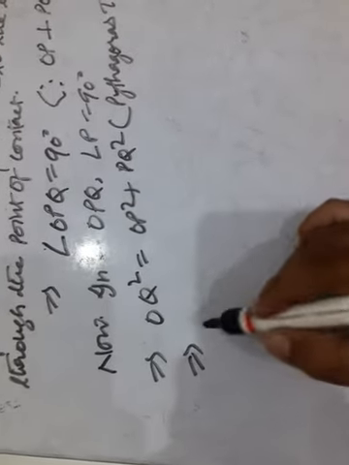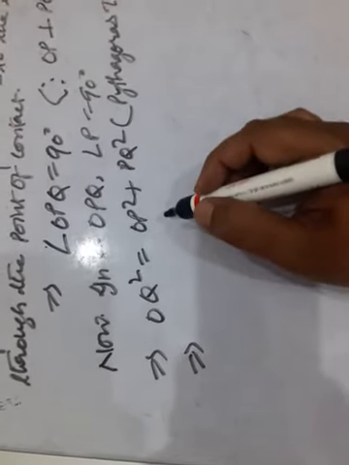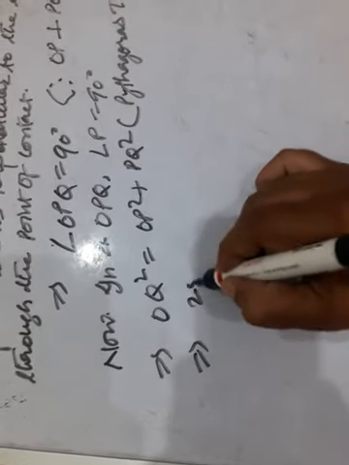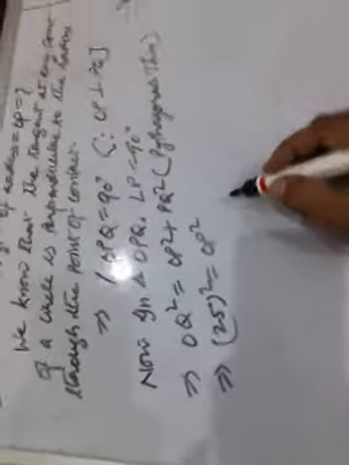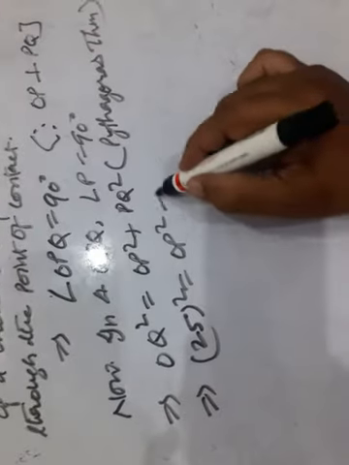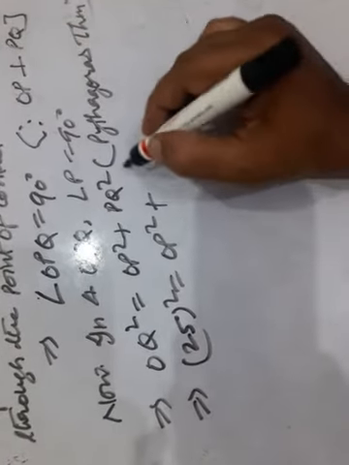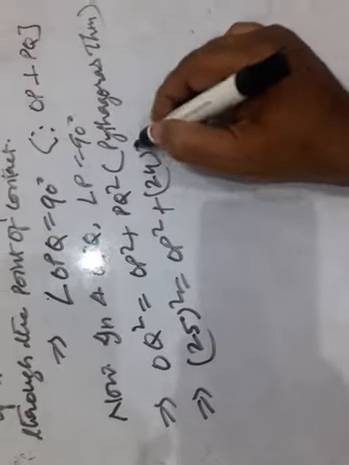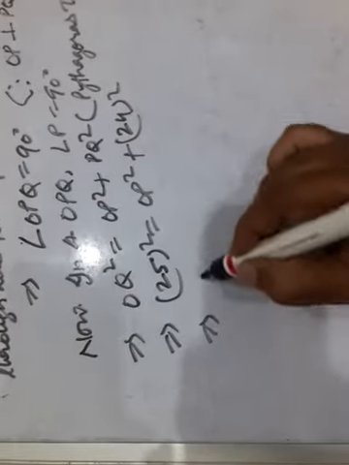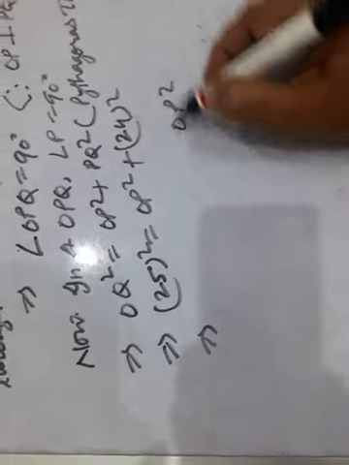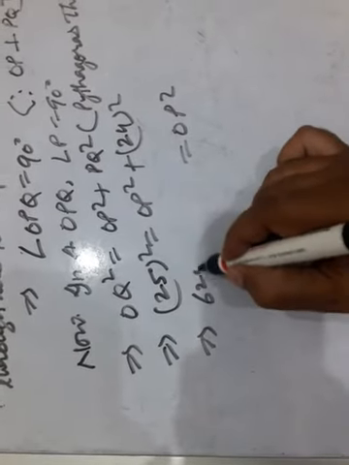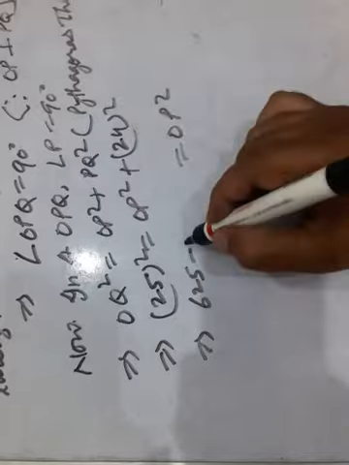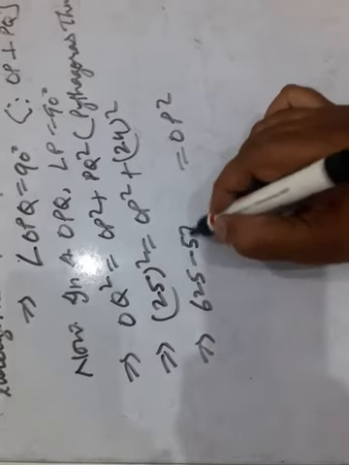Now what is OQ given to be? OQ is given to be 25, and PQ is given to be 24. This implies that OP square equals 25 square, that is 625, minus 24 square, that is 576.